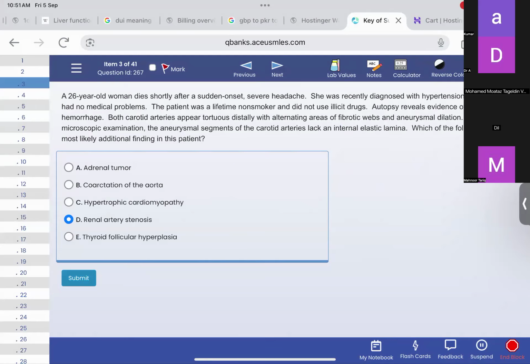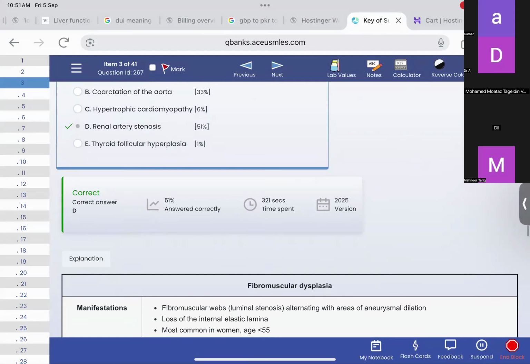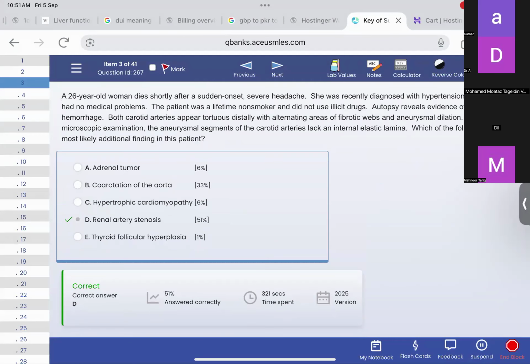This also says that there's intracranial hemorrhage. Is that a distractor? Why is it there? These are because of aneurysmal dilatations, okay? How do we differentiate this from coarctation? We will discuss coarctation in detail, but I guess the buzzword will be given because there will be a difference of blood pressures.